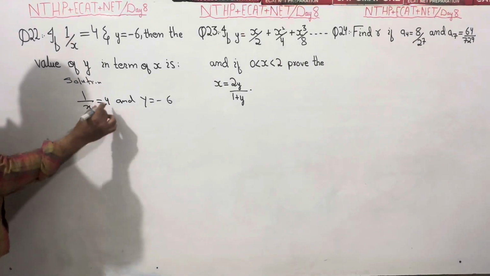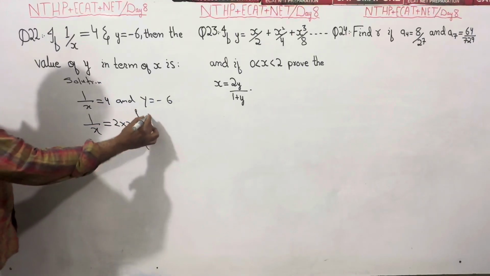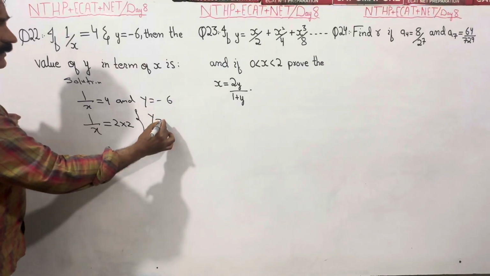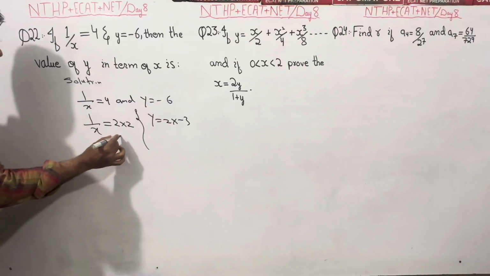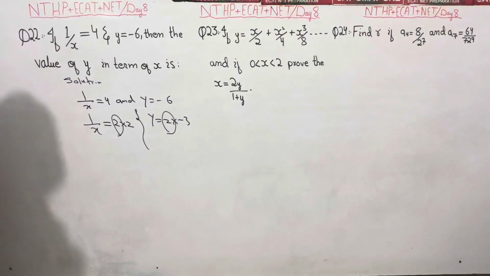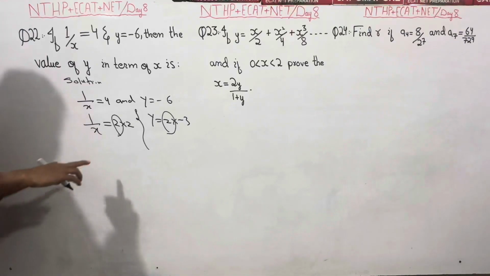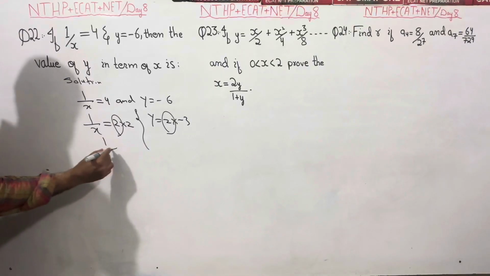I can write 4 as 2 into 2. Similarly, I can write minus 6 as 2 times minus 3. The connecting link in that question is only 2. Find the value of 2 from here, put it here, and you are going to get through.